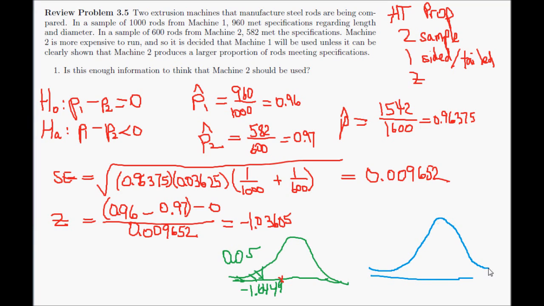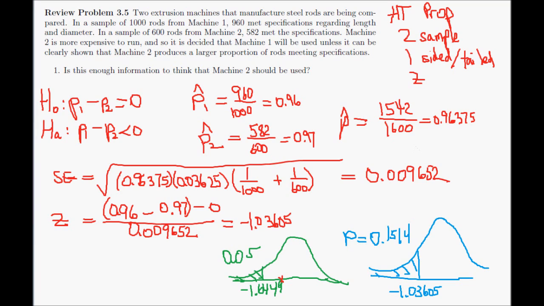The second way of proceeding is by finding the area to the left of negative 1.03605 and find the p-value, the observed significance level. And the area to the left is equal to 0.1514 using either the normal CDF command or else the command norm s dist.